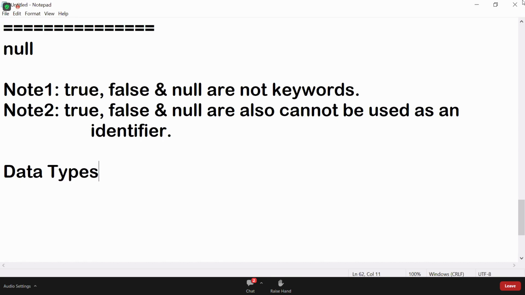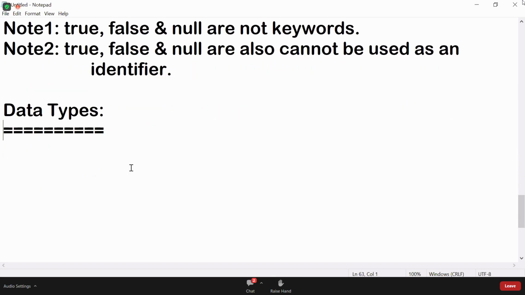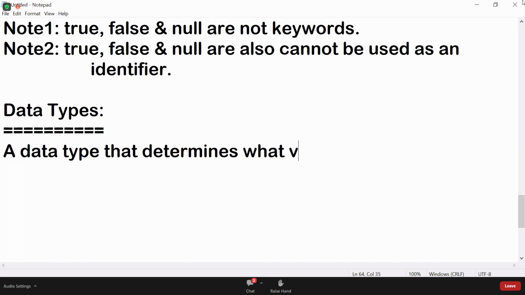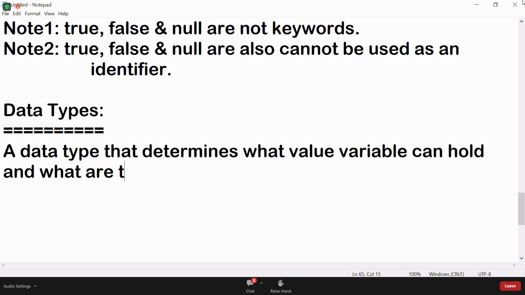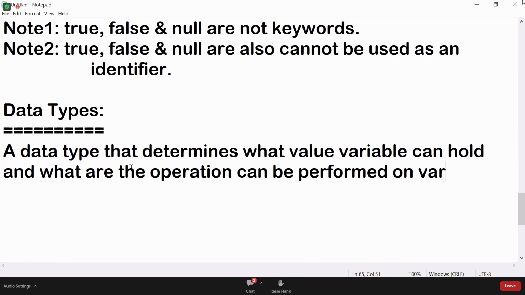Note: data types. A data type determines what value a variable can hold and what operations can be performed on the variable.